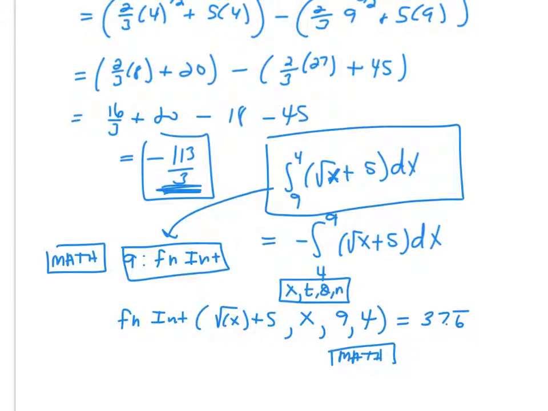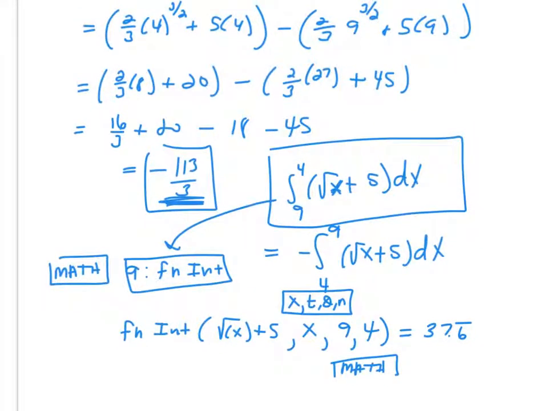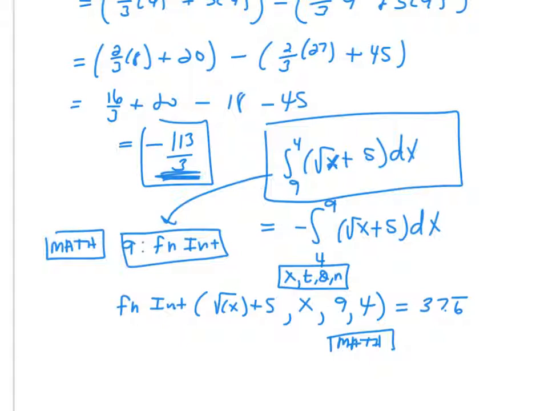It'll take your answer and turn it into a fraction. So it'll be like ans arrow frac. If you choose that, hit enter and then hit enter again, it'll convert this to the negative 113 over 3 for your final answer.